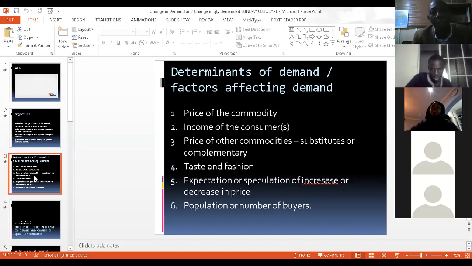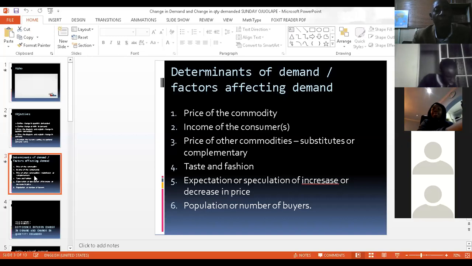Then also income of the consumer or consumers. If the income of the consumers is high, definitely they will have a greater level of demand than those who have low income. Then price of other commodities.